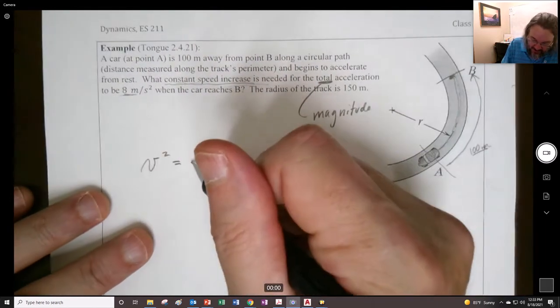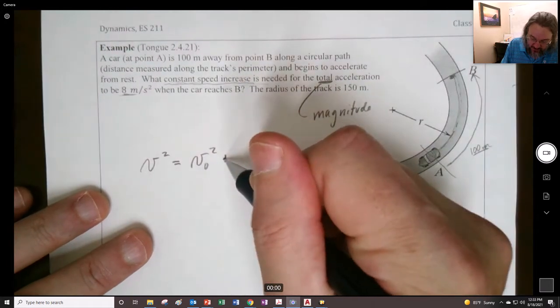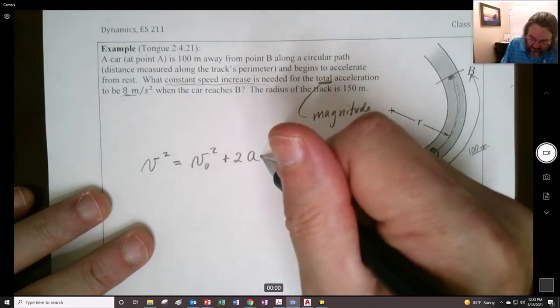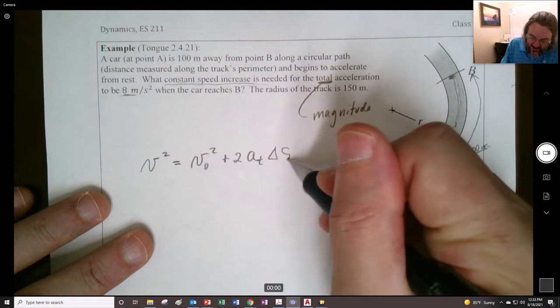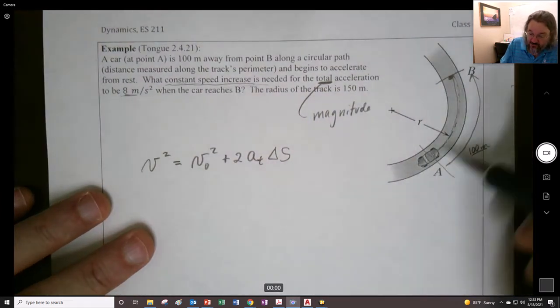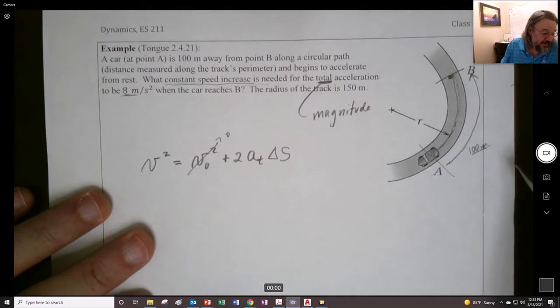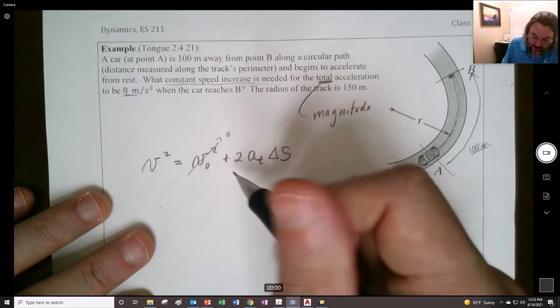We could say v squared equals the initial velocity squared plus 2 times the acceleration, and this will be the tangential acceleration, by the way, so I'll put a T in there, times our delta S as he's moving along. He starts from rest, so that makes it easy.